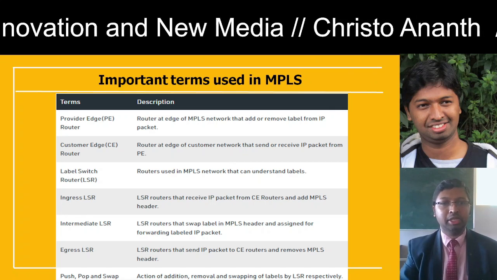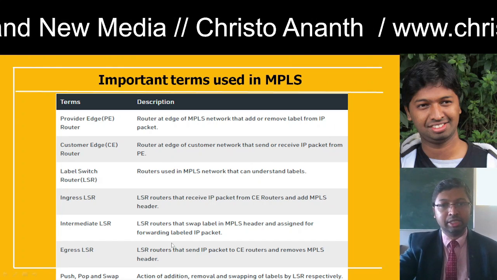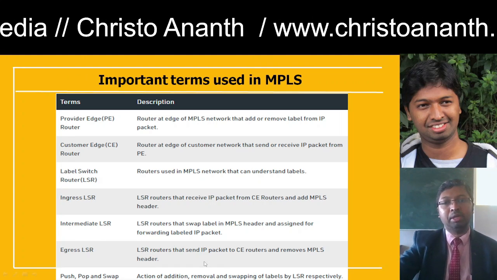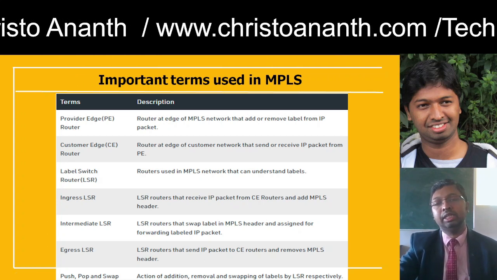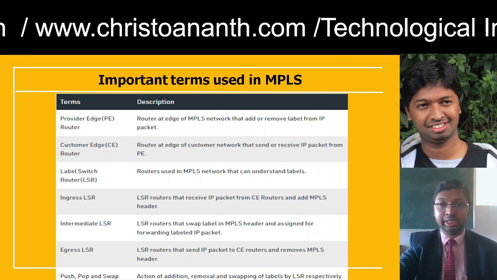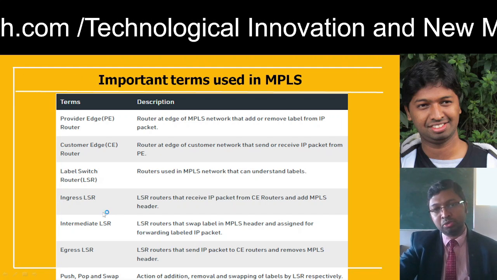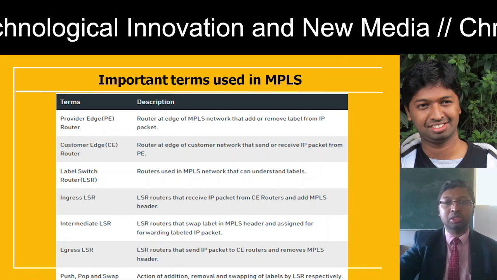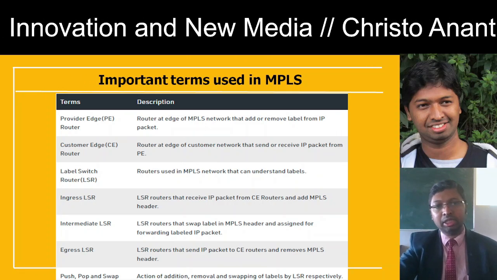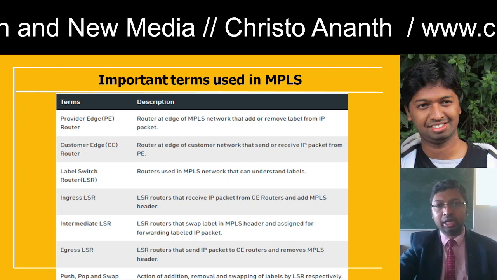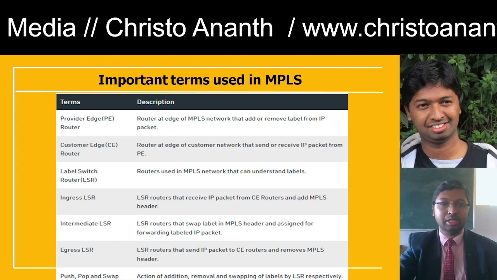Then you have the label switch router, LSR. So these are routers used in this MPLS network which can understand the labels, or the relationship between the labels. Then you have the ingress label switch router, which receives the IP packet from the customer edge router and adds the MPLS header.